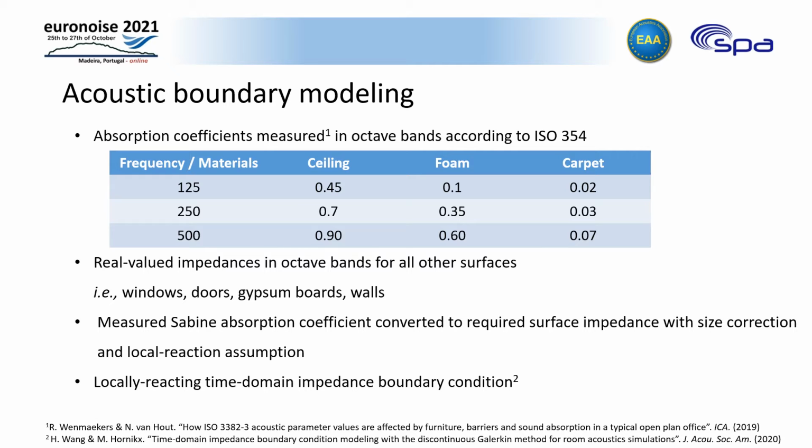To address this issue, we assume that the measured Sabine absorption coefficients correspond to the size-corrected absorption coefficients for the intrinsic low-frequency range. Furthermore, we assume that all the boundary materials are locally reacting, meaning that the surface impedance is independent of the angle of incidence.